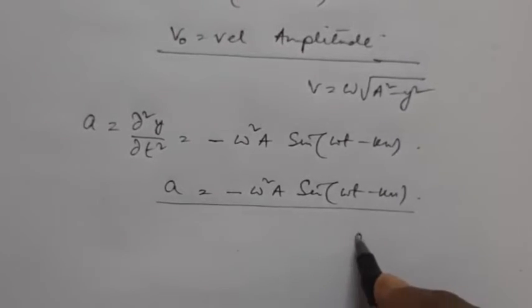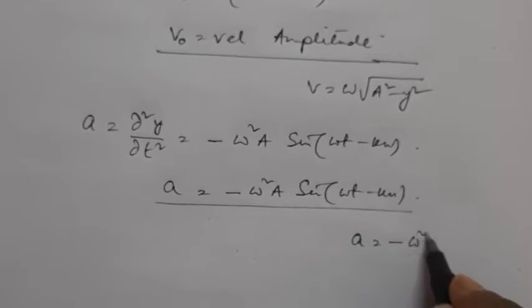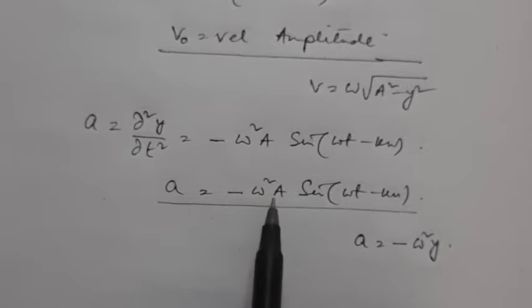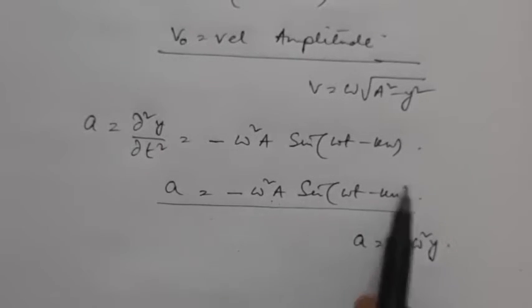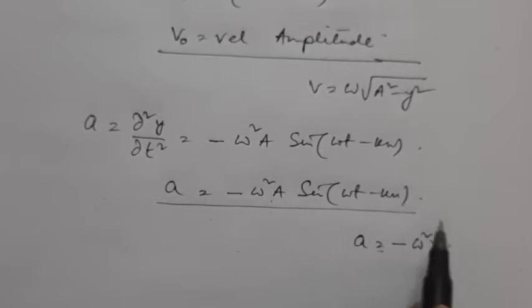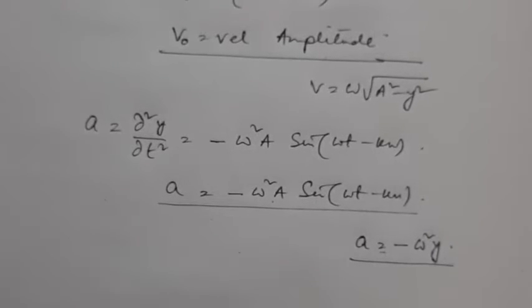Now I've already derived a is equal to minus omega square y, because y is a sine of omega t minus kx. So it becomes a is equal to minus omega square y. I've already derived this in the chapter of SHM.